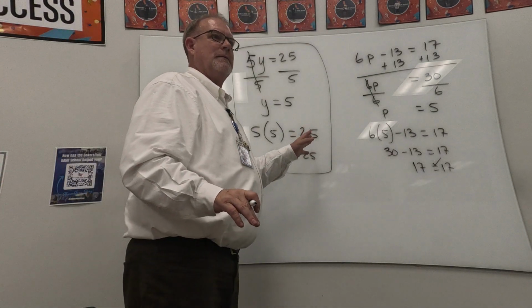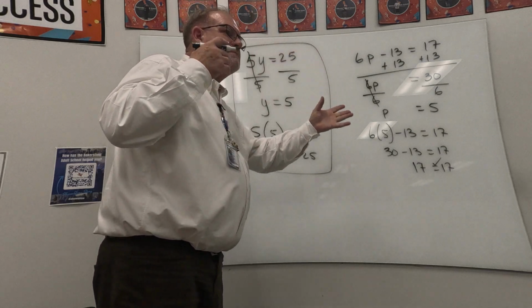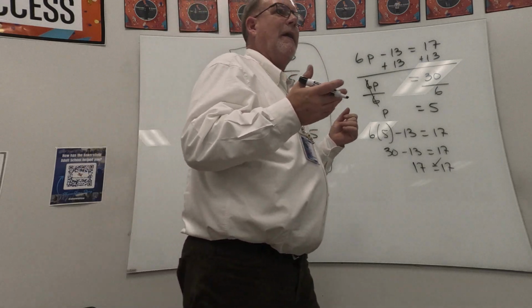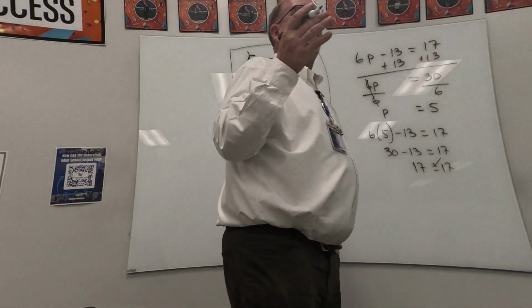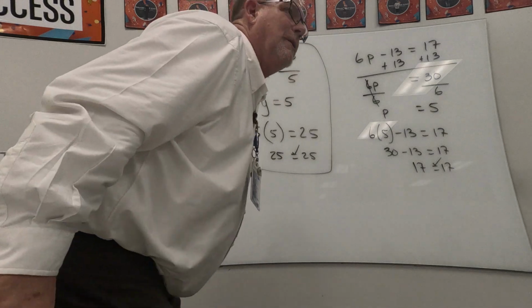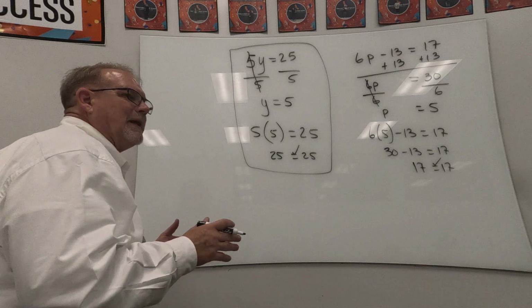Pretty cool? All right. These are basic problems. Now, what I want you to look at this time is I want to make a problem up, and I really can't tell you how often this freaks everybody out.